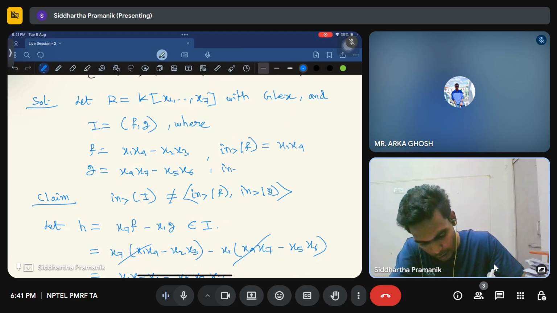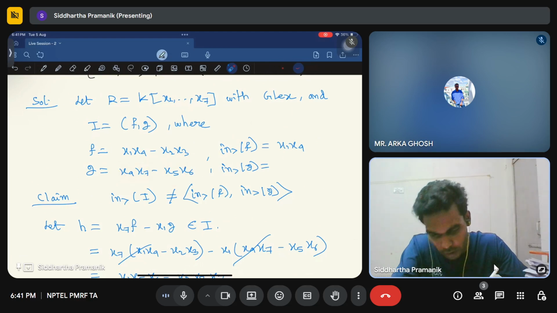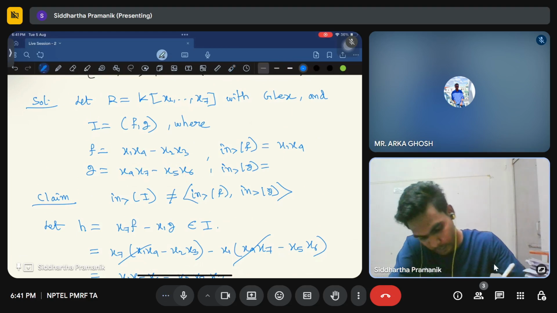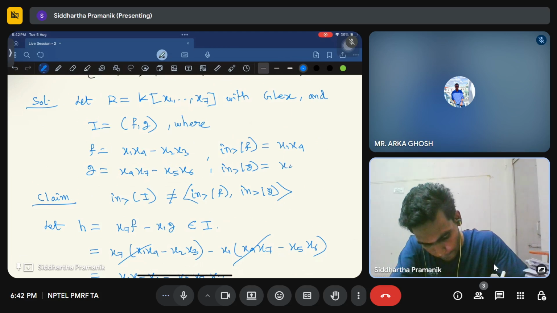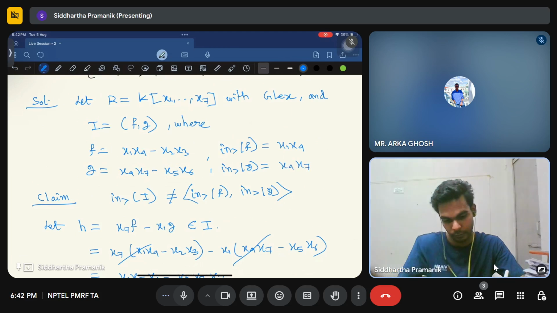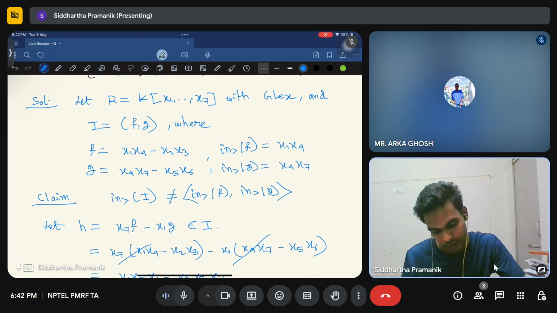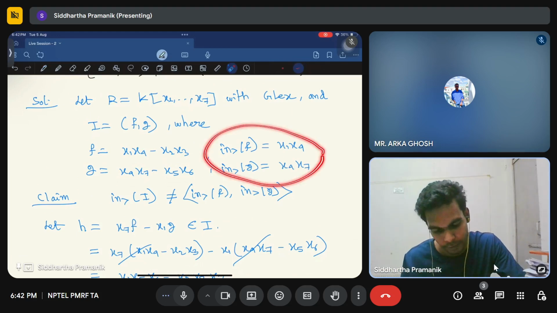And initial term of G: the total degrees are the same, so we need to check the difference of the vectors. This is starting from the 4th coordinate, and this is starting from the 5th coordinate. So in the 4th coordinate, we will have 1 in the difference vector. So these are the initial terms of F and G.